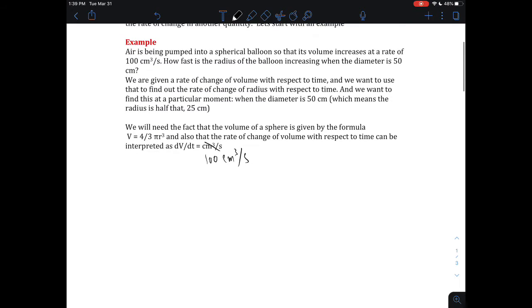So we'll start with the formula. V equals 4/3 pi r cubed. And what we are going to do is take the derivative with respect to the independent variable, in this case time. And we're going to do that on both sides.